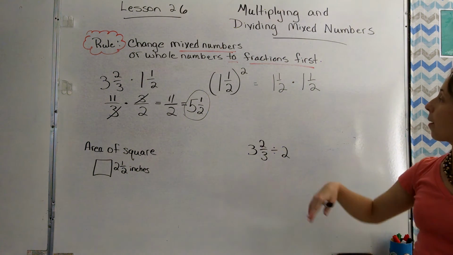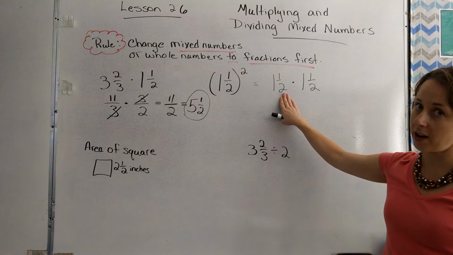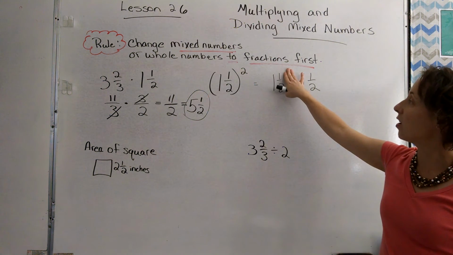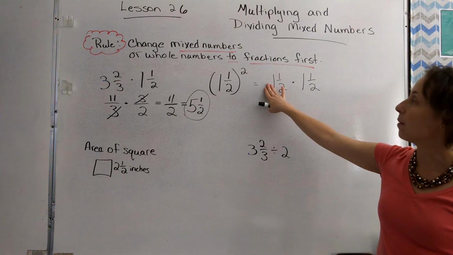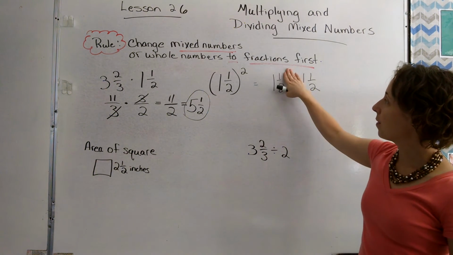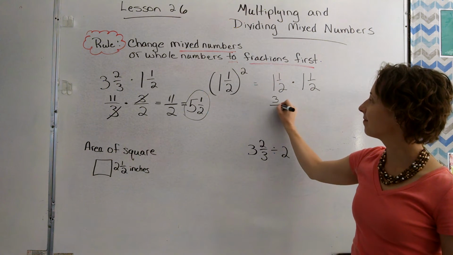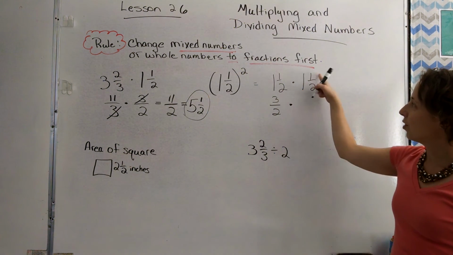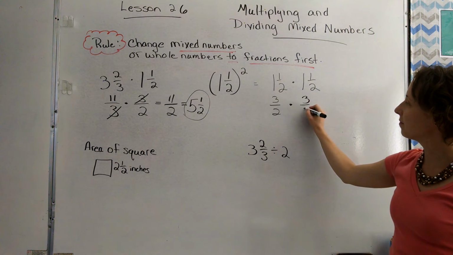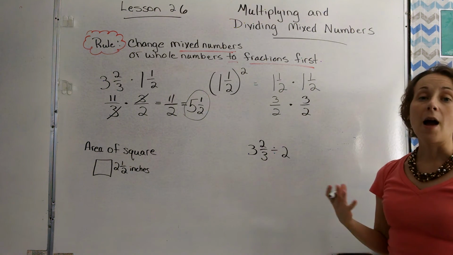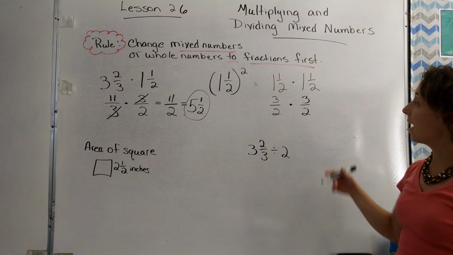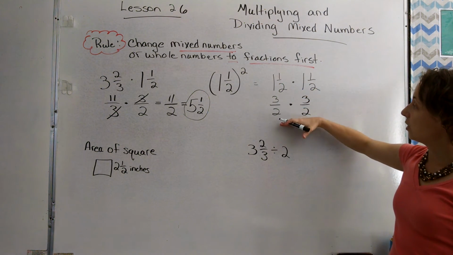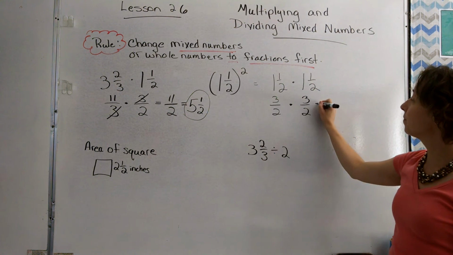To change it to an improper fraction, take the denominator, multiply times the whole number, add the numerator. 2 times 1 is 2, plus 1 more is 3. 3 halves times 3 halves again. I want to cancel out anything I can from the top and the bottom before I multiply. 3's and 2's, nothing to cancel.